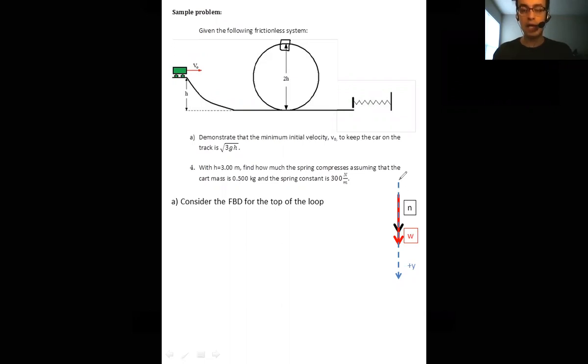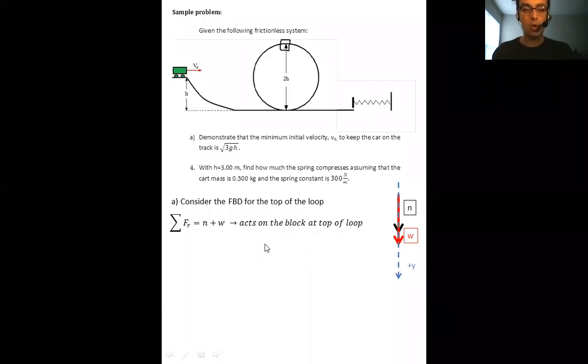I have defined my axes as positive y going downwards. We know that the sum of the radial forces pointing toward the center of this loop is equal to the normal force plus the force of gravity.